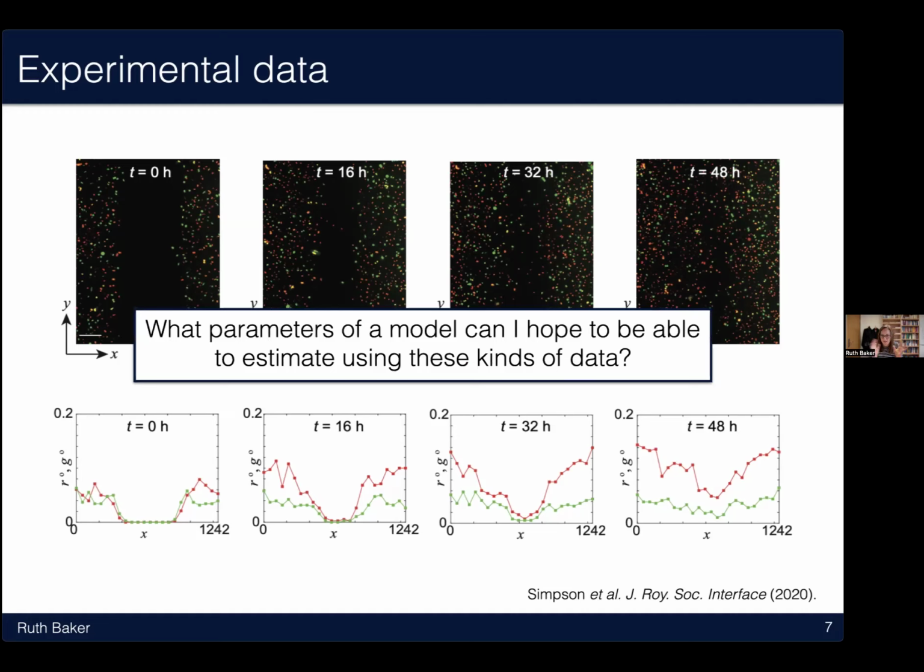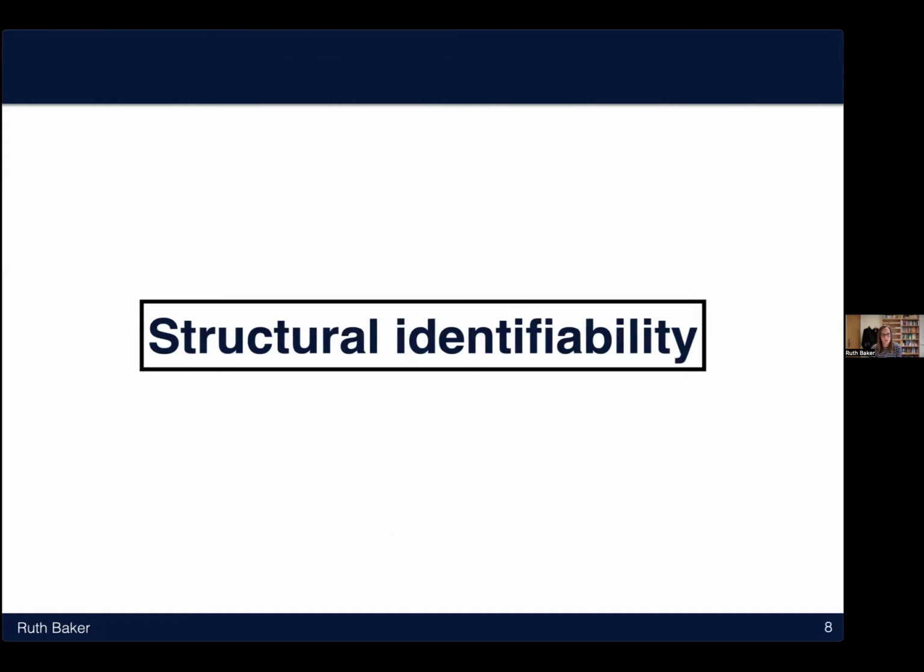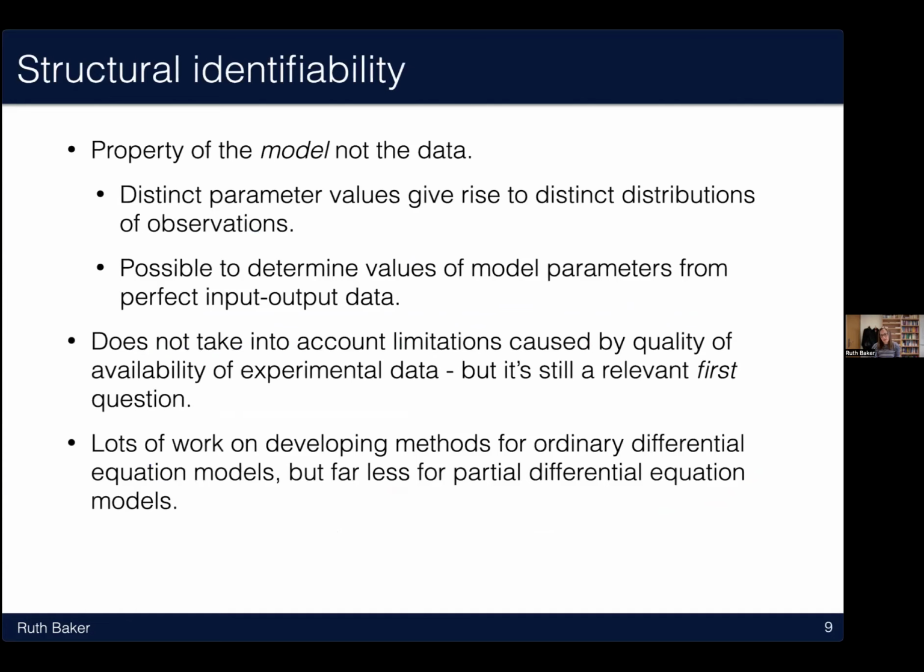So here's the question: what kinds of parameters of a model can I hope to be able to estimate from these kinds of data? And I'm going to access it first through thinking about structural identifiability. So structural identifiability is actually a property of the model, not of the data. And it really just asks the question, if I take distinct parameter values or parameter sets from my model, do they give rise to distinct distributions of observations?